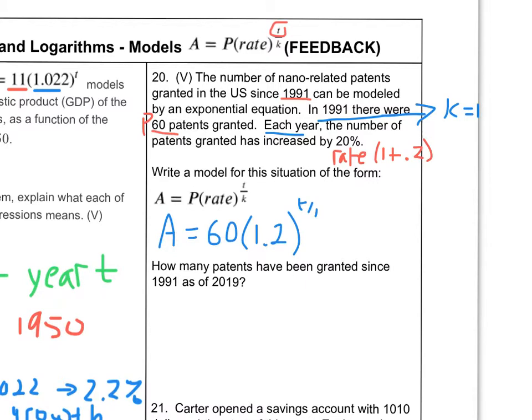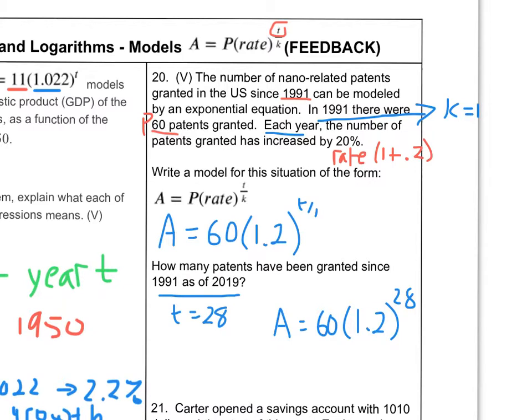And then the second part of this is actually plugging that value in. So as of 2019, the trick there is realizing that we can figure out what T is based on this. So that's going to be 9 plus 19. T is 28. Okay, let's do this up. So we get A is equal to 60 times 1.2 to the 28.